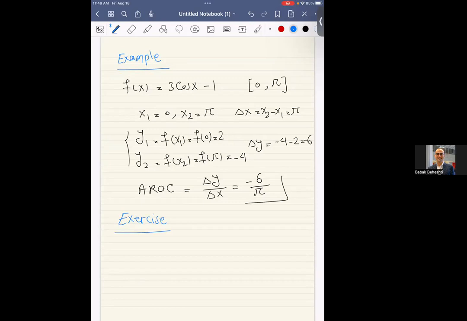So first, before doing this exercise, can you tell me what is the rate of change for the same function, similar function, but in the interval from 0 to 2 pi?